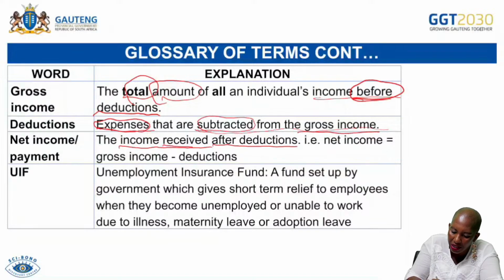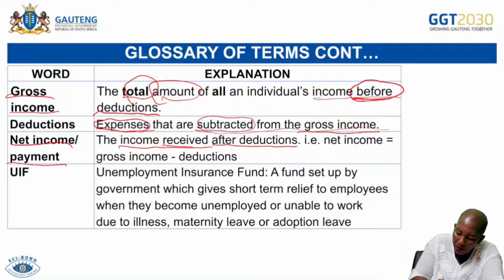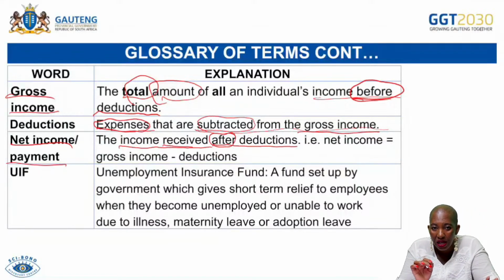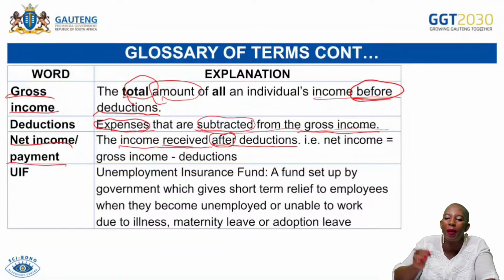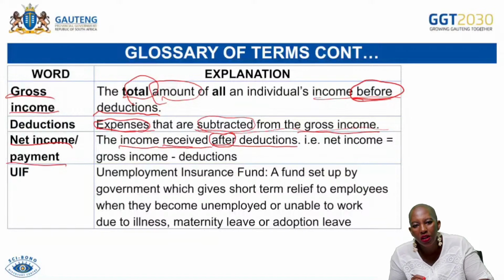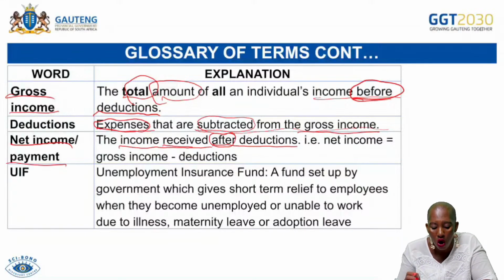So what is important? Gross income is before, and the net income is after deductions. So after deductions, the money that will be deposited into your bank account, that is what you call a net income or a take-home income. So it means that is what you are taking home.